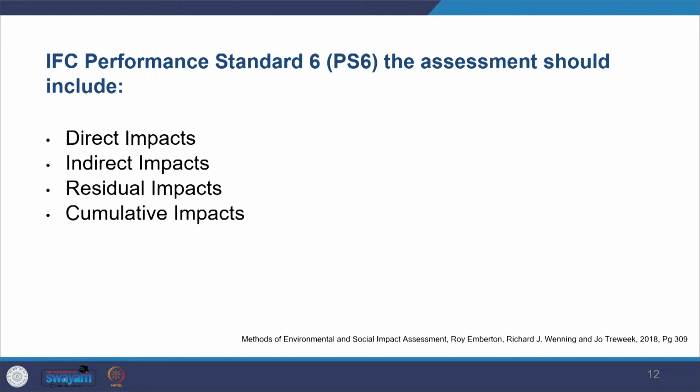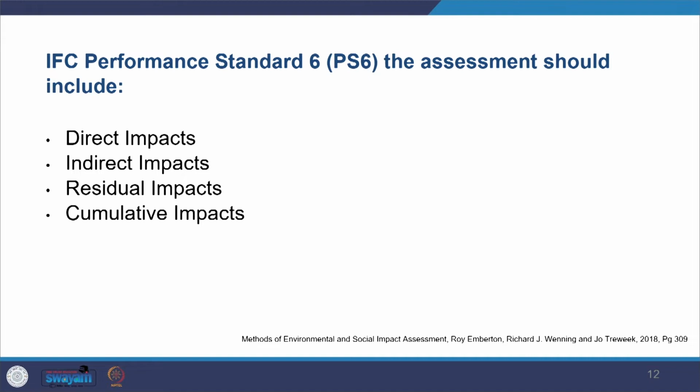Further, where you're dealing with critical habitat, if you may recollect the definitions we studied in the previous session, in case of critical habitat, you should rather be focusing on net gain. So not only no net loss, but in case of critical habitat, there should be a gain. So you improve the critical habitat.